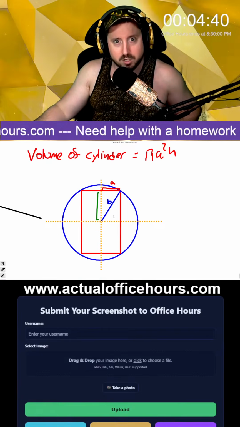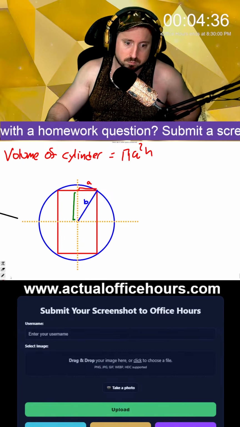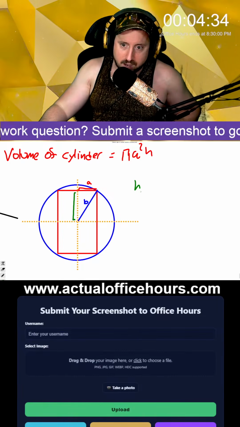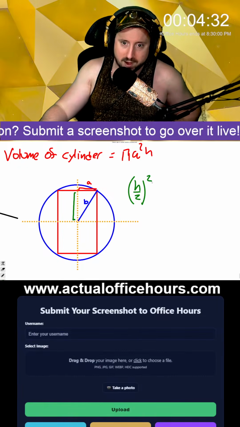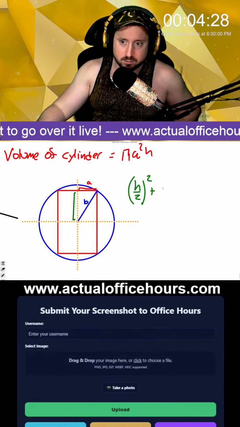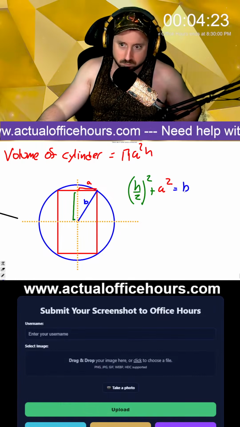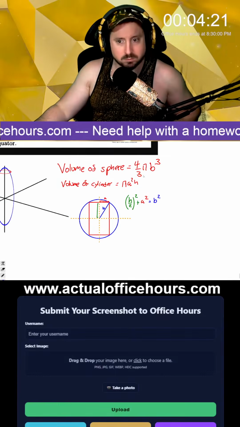Well, isn't it a right triangle? So could I say h over 2 squared plus a squared is equal to b squared? Is that legal?